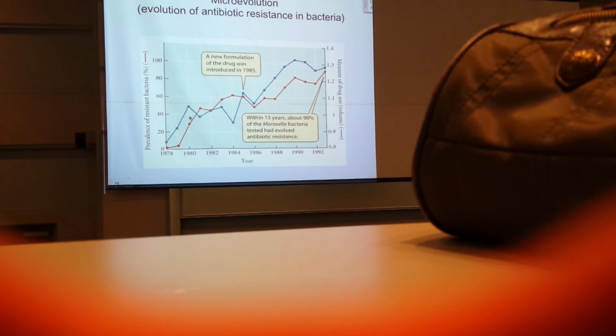You can see that they essentially follow each other: as the drug is used more, you get more evolved resistance to it. So over fairly short time scales, you can see evolution of resistance to lots and lots of different antibiotics, and in fact we're getting to the point where we're running out of different ways to kill bacteria.